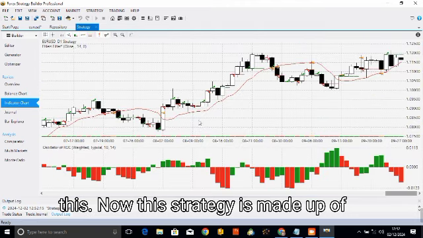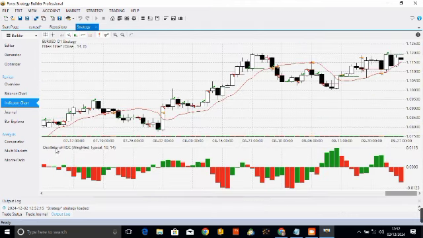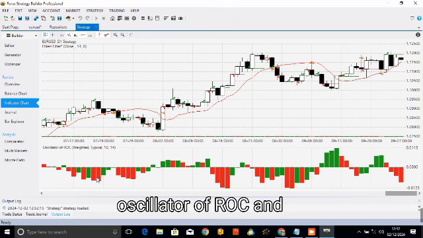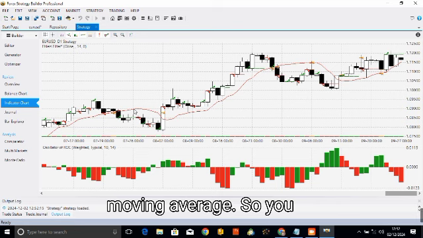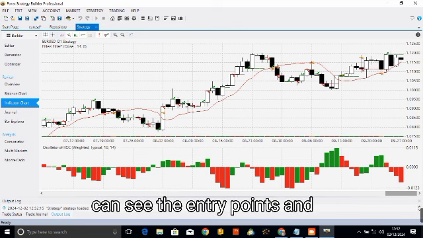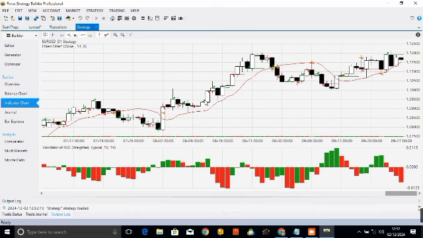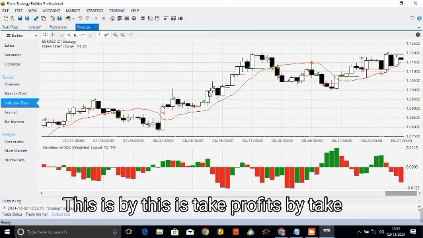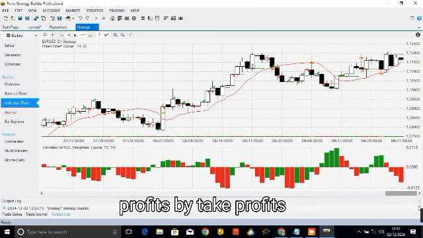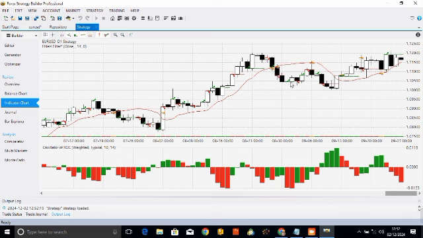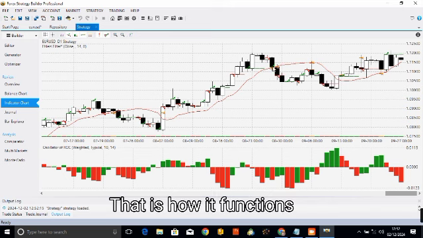Now this strategy is made up of an oscillator, ROC and moving average. So you can see the entry points and the exit points. This is buy, this is buy close, this is buy, this is take profit, buy, take profit, buy, take profit. That is how it functions.